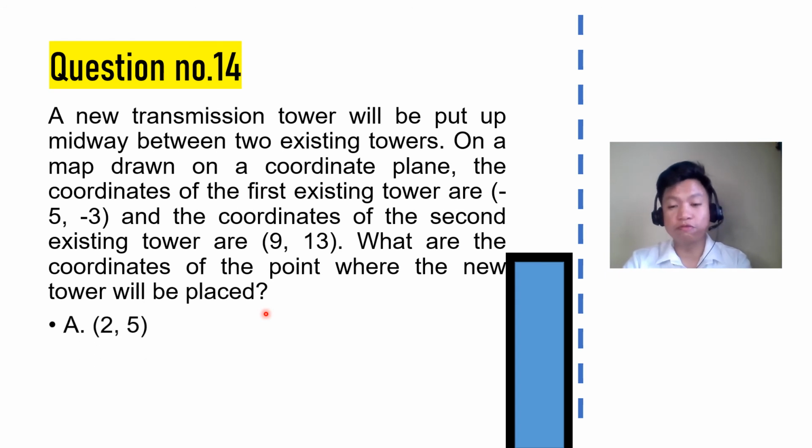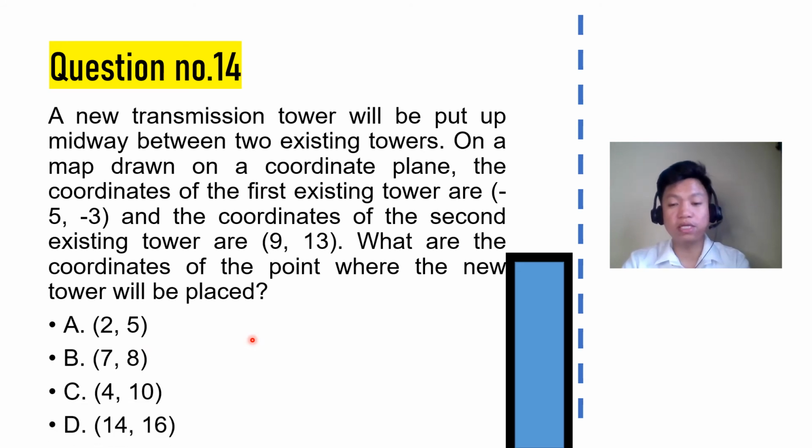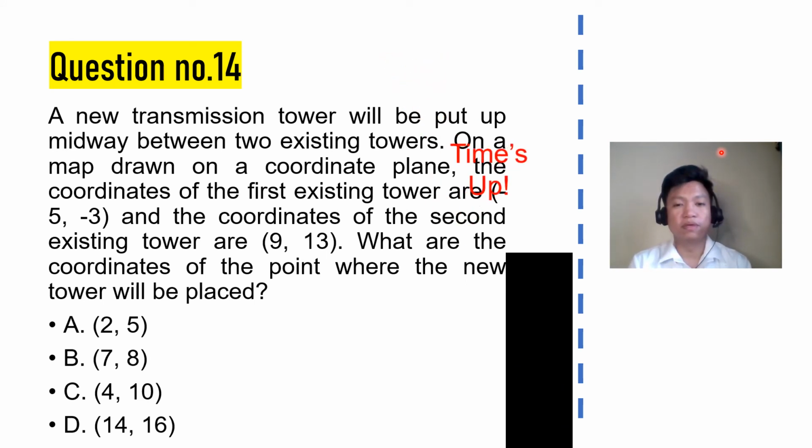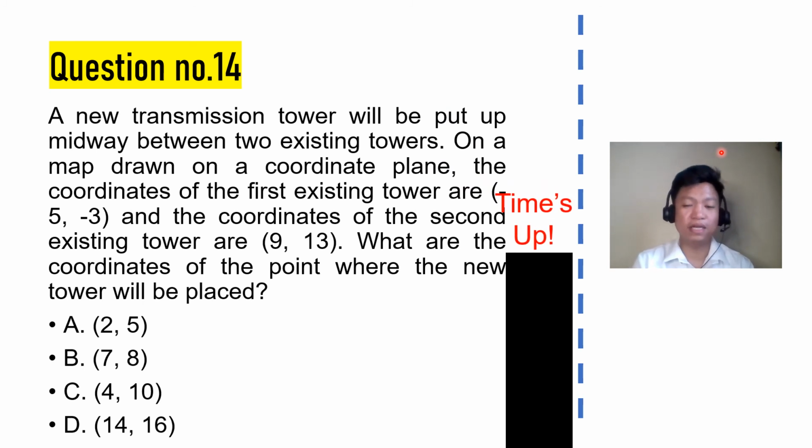Is it A, 2, 5, B, 7, 8, C, 4, 10, or D, 14, 16? Go! Okay, time's up. Tingnan natin kung nakuha ang tamang sagot. The correct answer is 2, 5.